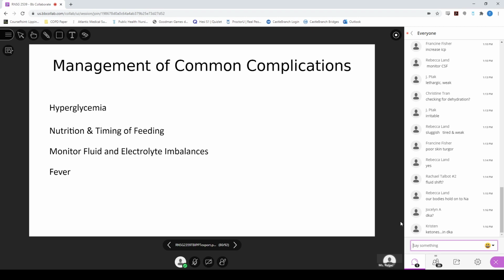So ketones show how fast and how much your body is breaking down. And if there's acetone in your urine, it can signal a lack of insulin.